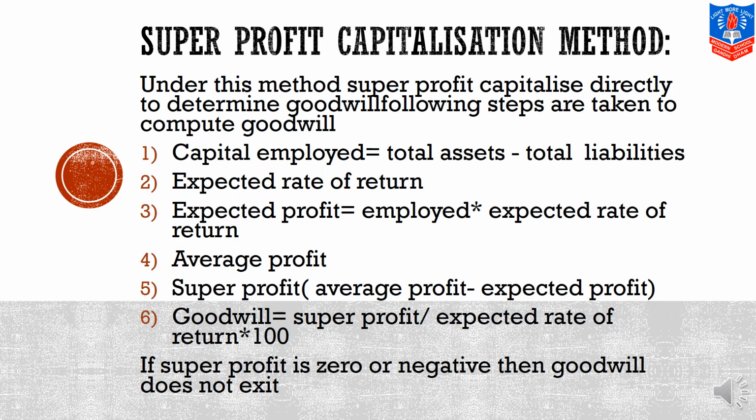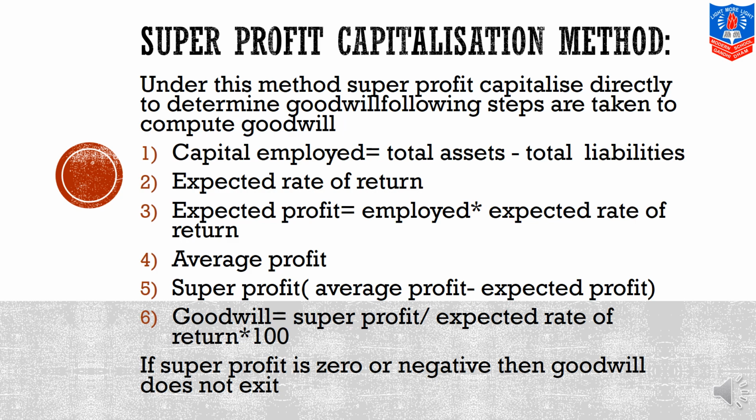Yes, dear students, we are now taking up the last method given in our textbook, super profit capitalization method. Under this method, super profit is capitalized directly to determine the value of goodwill by following these below 6 steps. First step, same, capital employed, total assets minus total liabilities.